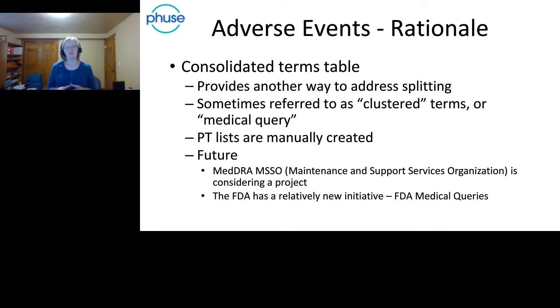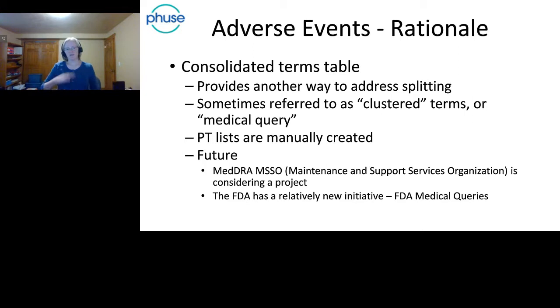Sometimes this is called clustering terms. Sometimes they're called medical queries. A lot of people have different names for this, but the idea is different than an SMQ, standardized MedDRA query. This is more about combining terms that are essentially the same thing that might have gone to different MedDRA preferred terms.